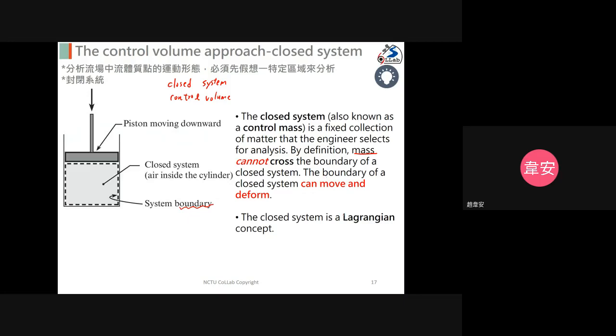So the closed system is based on the Lagrange concept.